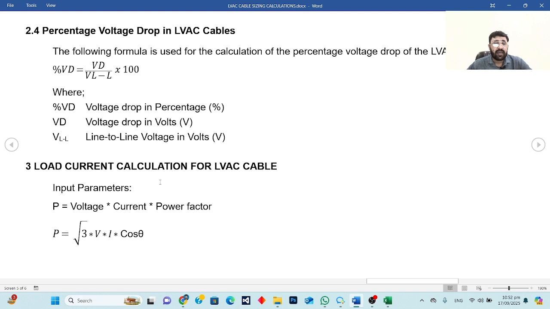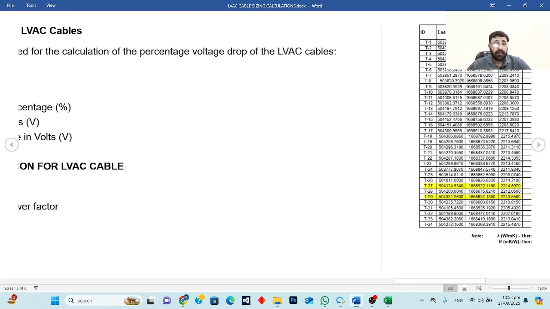How we will calculate the LV power, load current? Basically, power is equal to root 3 multiplied by voltage multiplied by current and cos theta. Basically, when we are converting for the inverter, the power factor will be considered as 1.